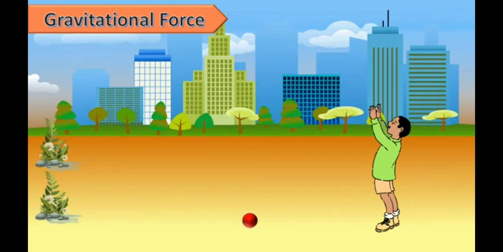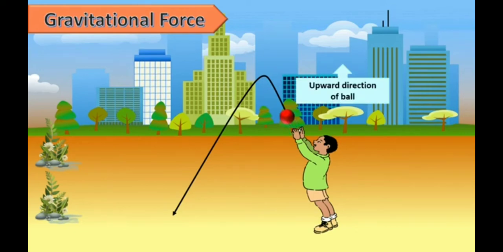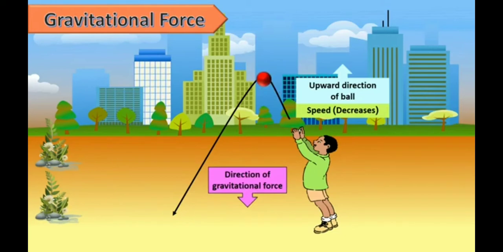It reaches a certain height in the air, you can see that, and then it slowly comes down. But when it comes down, it comes with high speed. Why? Because gravity gives it speed to come down. Understood? So when it goes upward, speed decreases. When it comes down, speed goes on increasing because of the direction of the gravitational force.